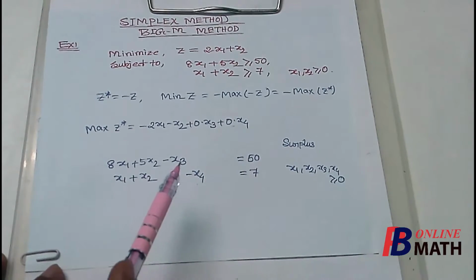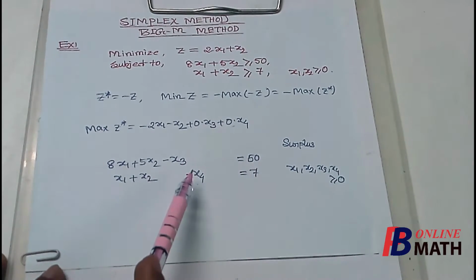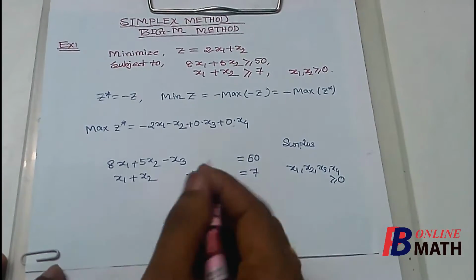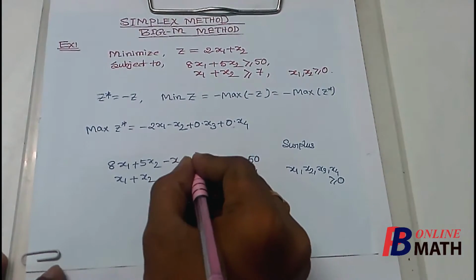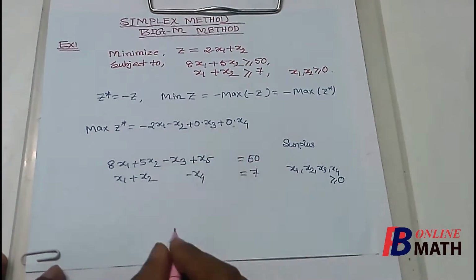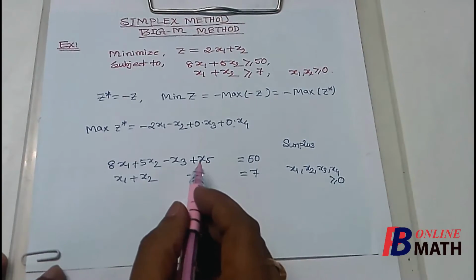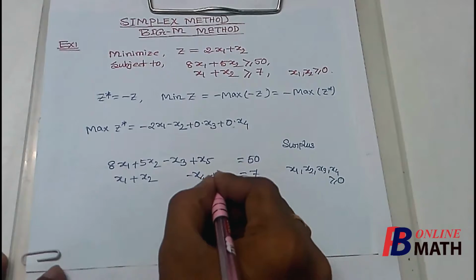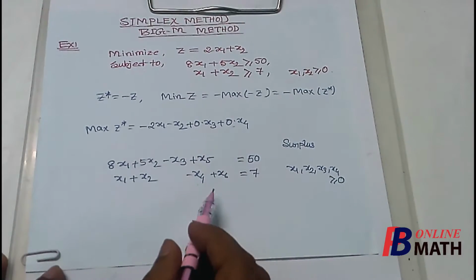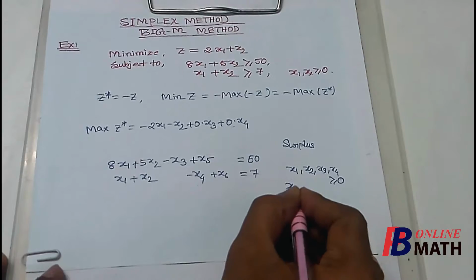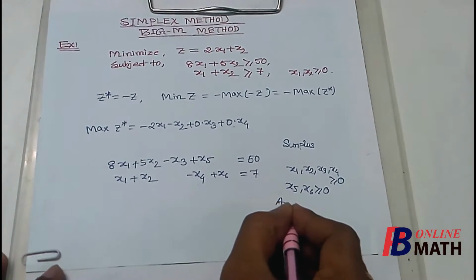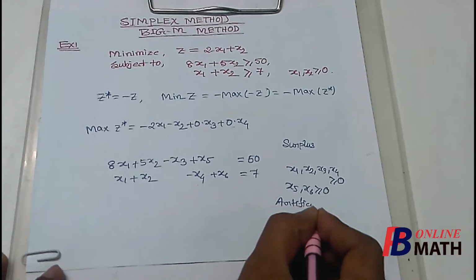Therefore we have to introduce two artificial variables such that we can get unit basis vectors. So let us introduce an artificial variable x5 in the first constraint, and we introduce one more artificial variable x6 for the second constraint, such that x5, x6 both are greater or equal to 0, and these are artificial variables.